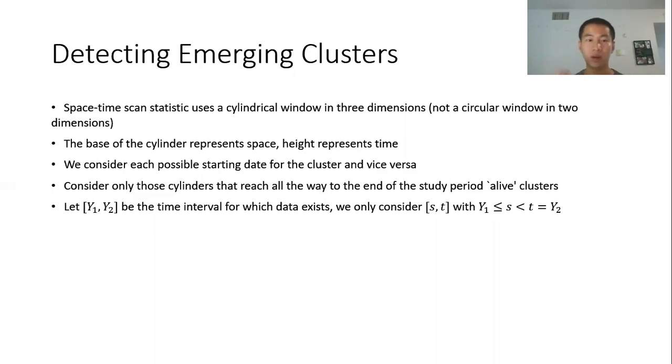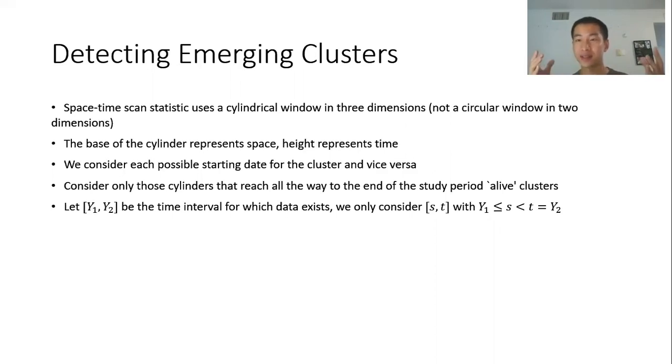We consider all the possible starting dates for the cluster or location. And we only care about alive clusters, which means we only look at the data from any beginning point to the end point where the data is collected.